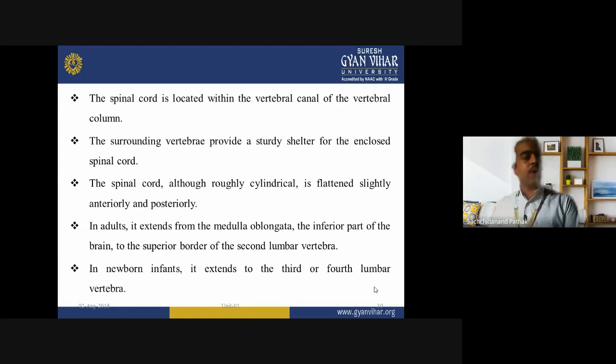In a newborn infant, it extends to the third or fourth lumbar vertebra. अगर हम newborn की बात करें, it will extend to the third or fourth lumbar vertebra.